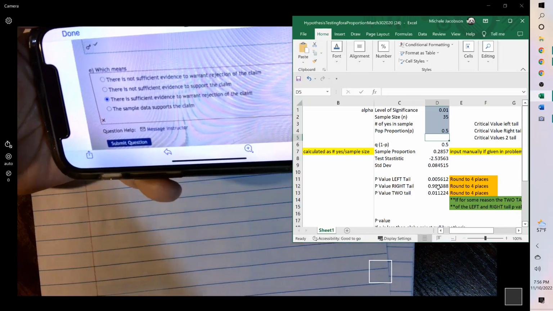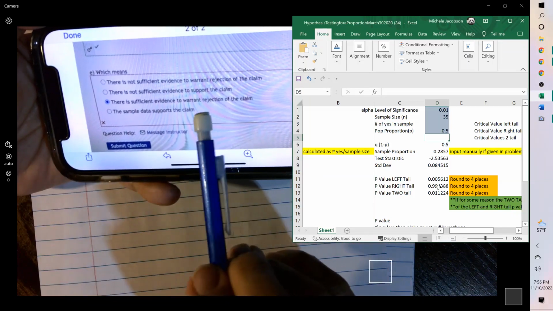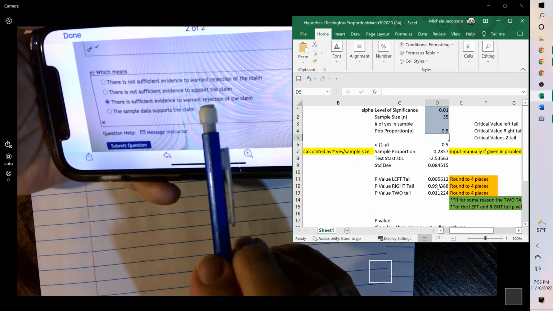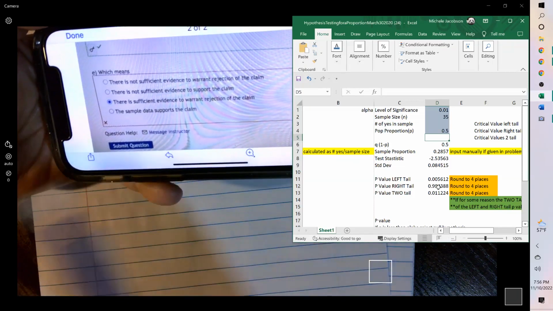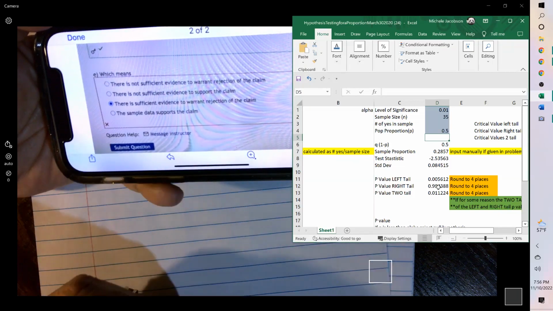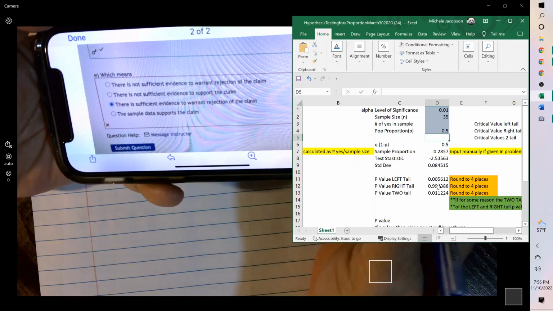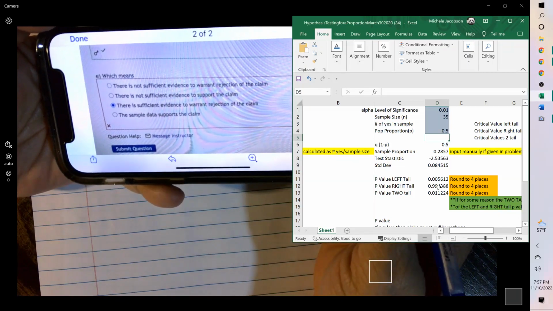The claim was that it was less than, so this should say accept the claim. And that's what makes this one wrong. So what's the difference between there is sufficient evidence to support the claim and the sample data supports the claim?